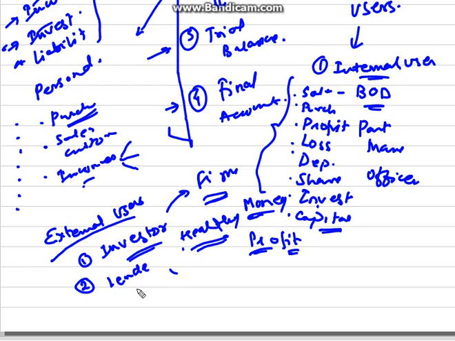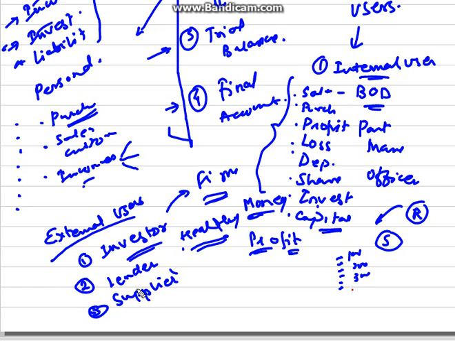Second is lenders, the same category. Then you have suppliers. Suppliers also need to see your accounts, because they give you material on credit. For example, if you have a shop, and a firm called Mr. Rahul Lato is going to give you credit materials every time. For example, if he has given you bills, one bill of 1000, another of 2000, another of 3000, and the last of 5000, you try to make the payment bill wise.